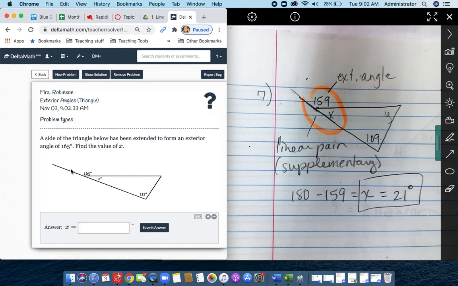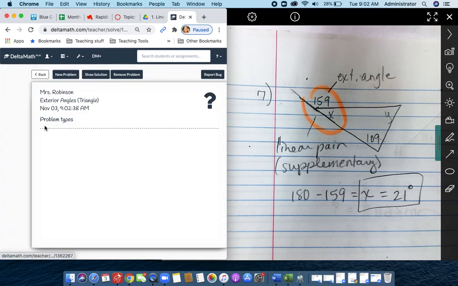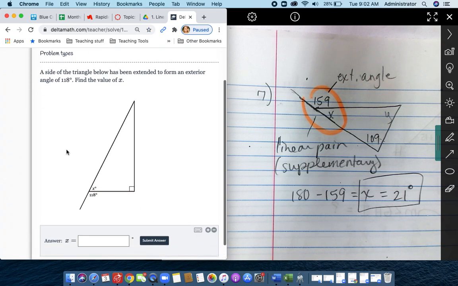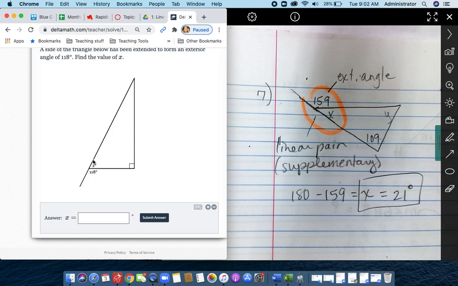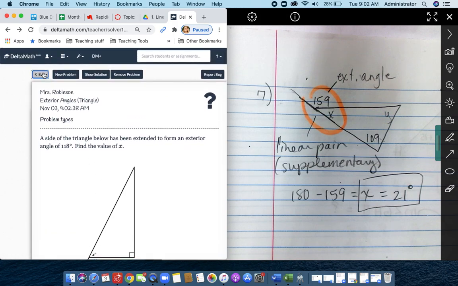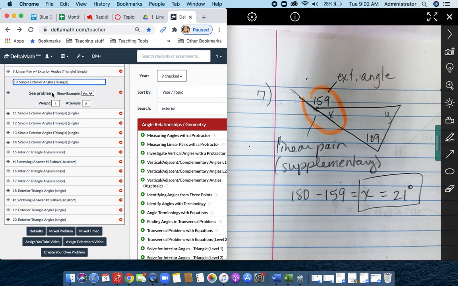Go ahead and do 8 and 9. Feel free to draw those in your notebook. Note here, guys, for number 9, that this is a 90-degree measure, but it's not going to impact it. These are still supplementary because they are a linear pair. So you can pause those and finish through 9 and pick it back up with 10.